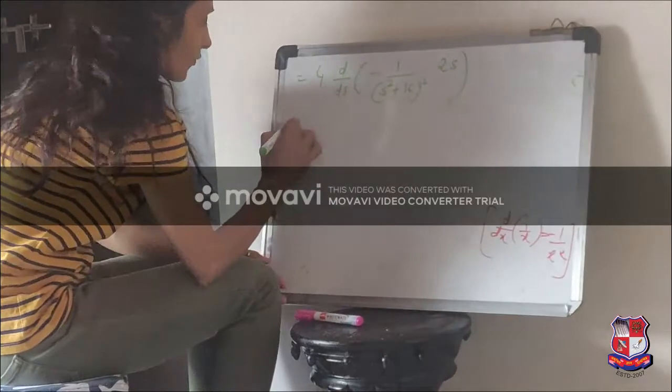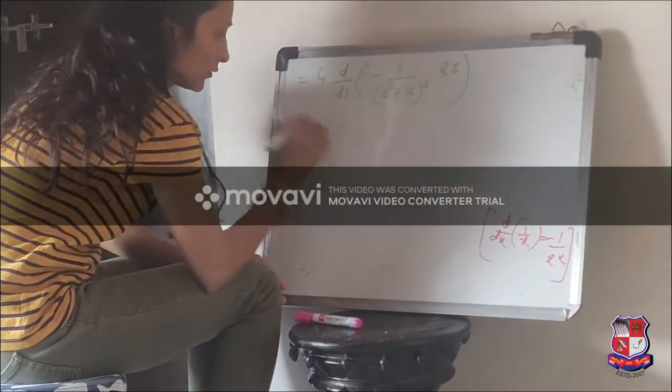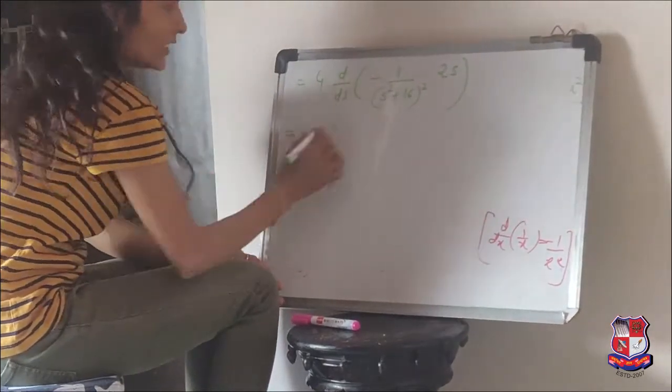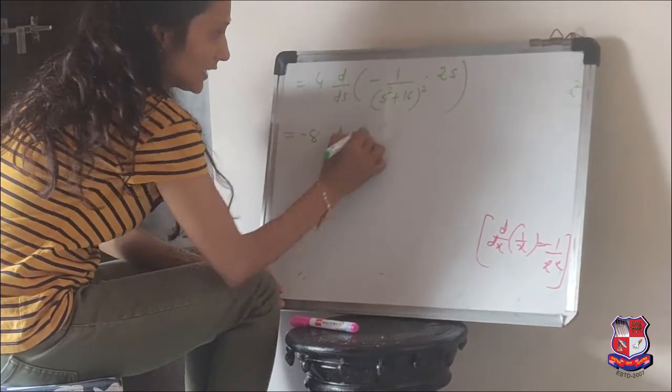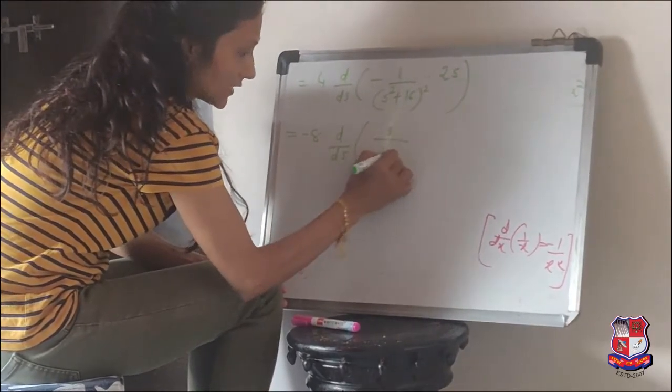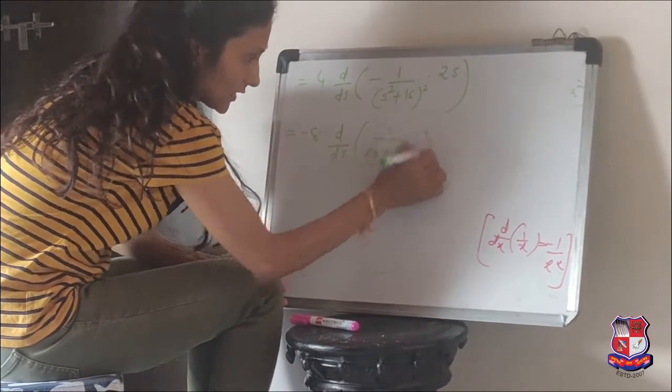Now 4 into 2 is 8, minus, and outside the derivative we have d by ds of s upon s square plus 16 whole square.